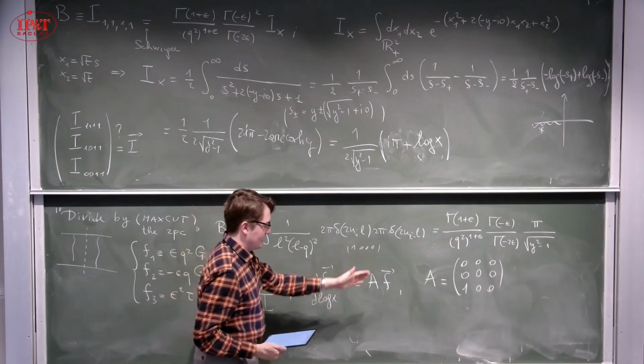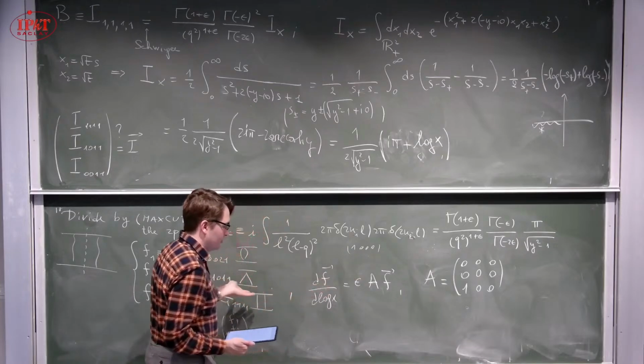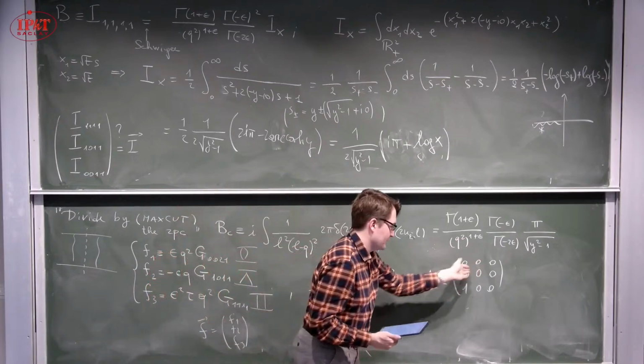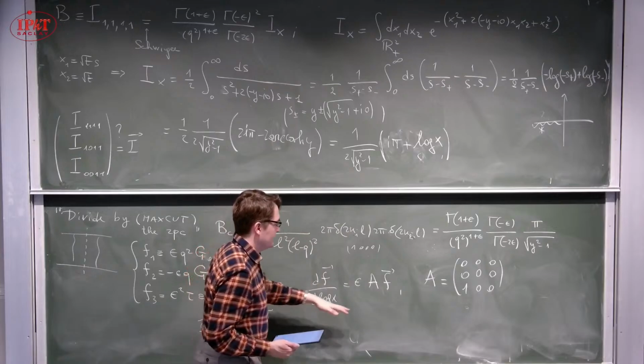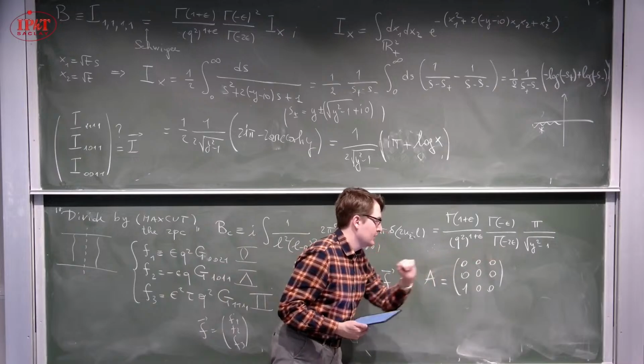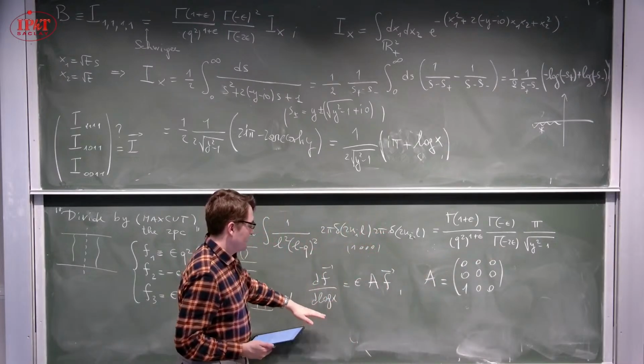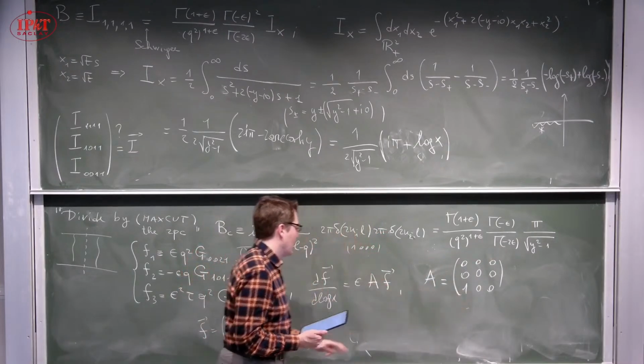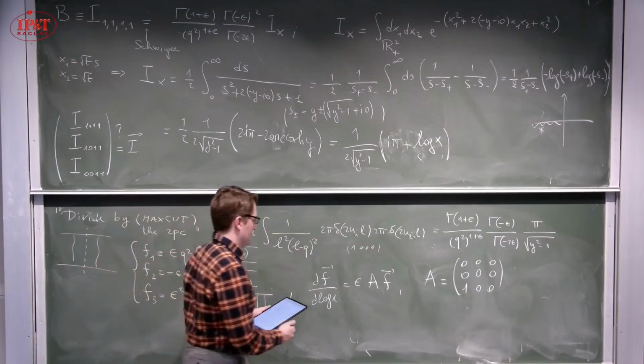So you see, the first two lines are trivial simply because the triangle and the bubble do not depend on x at all. So of course there are only zeros. And then the nice thing is that the derivative of the box, or more precisely of the box rescaled by this two-particle cut, with respect to this log of x, is just proportional to the bubble. So in fact you can solve.